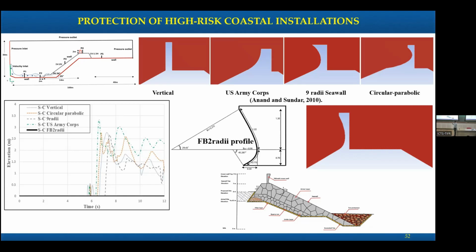So we did a study to find out a kind of protection mechanism where you should not have any overtopping of the storm water or tsunami, and that area should not be flooded. For that, we worked on various cross-section profiles which were already available from various researchers, and we found that they don't work.